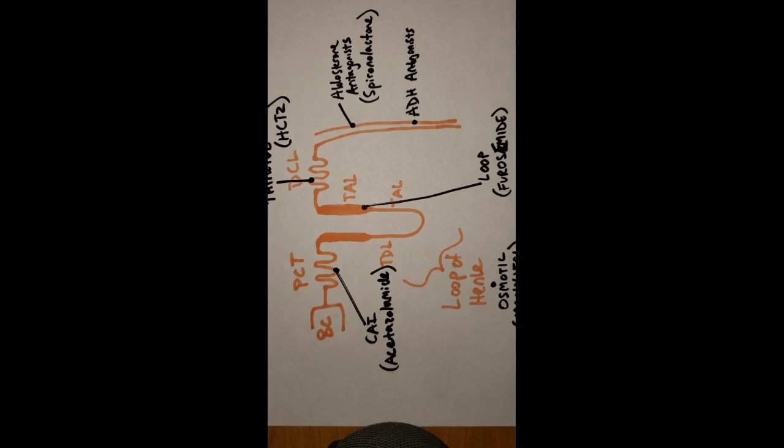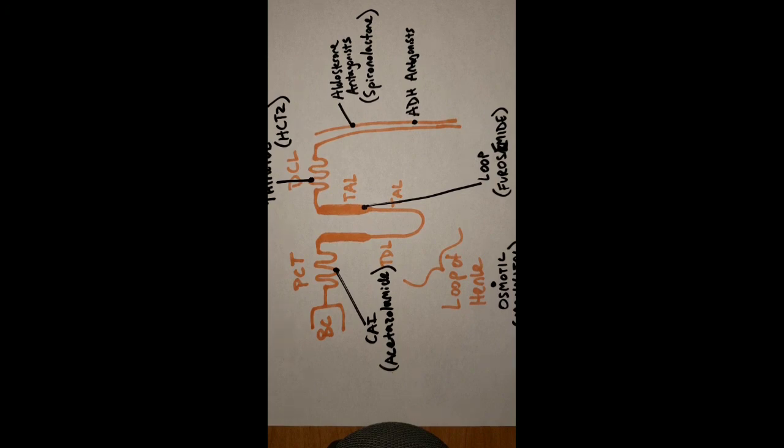Now, normally ADH is a hormone that's responsible for recruiting aquaporins, as in water-transporting channels, into the luminal side of the collecting duct. And what that does is it tries to reabsorb water back from the forming urine and into the blood.